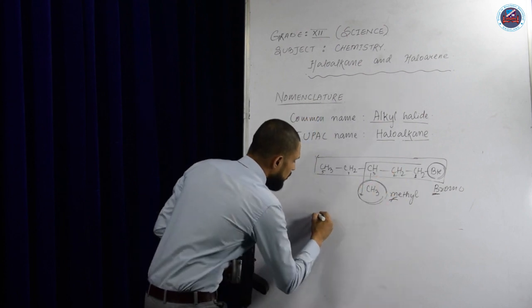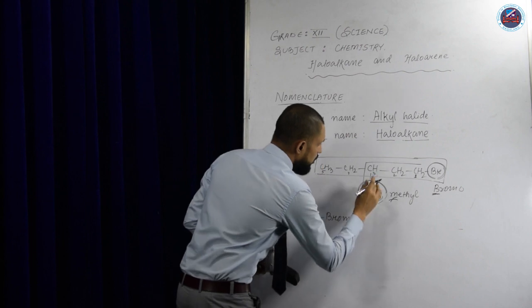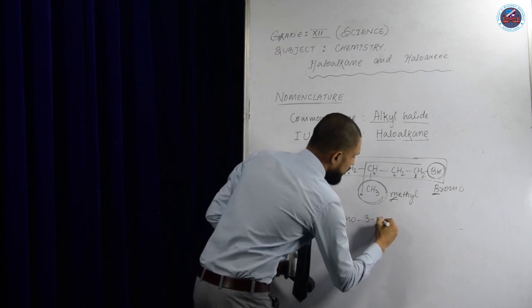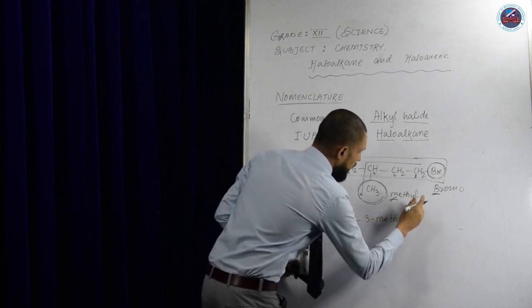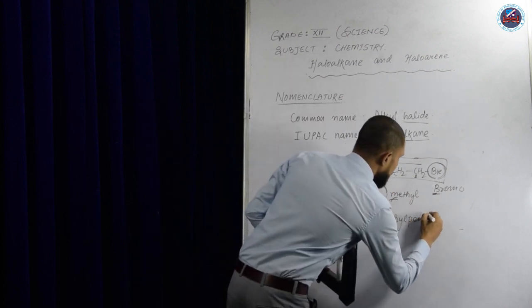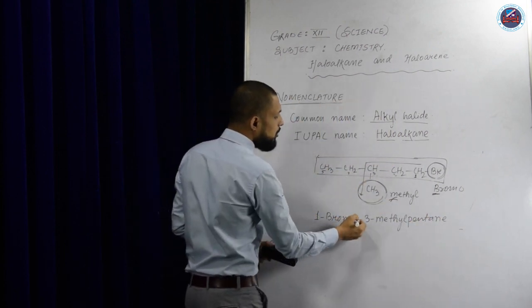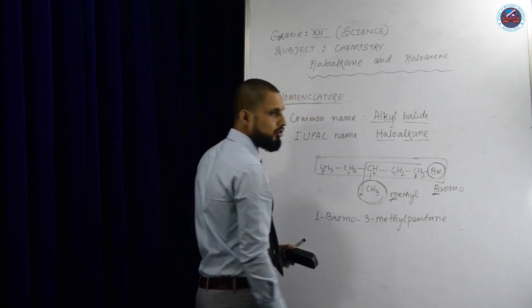So we'll write 1-bromo-3-methyl, and since you have 5 carbons in the chain, it's pentane. So the IUPAC name of this compound is 1-bromo-3-methylpentane.